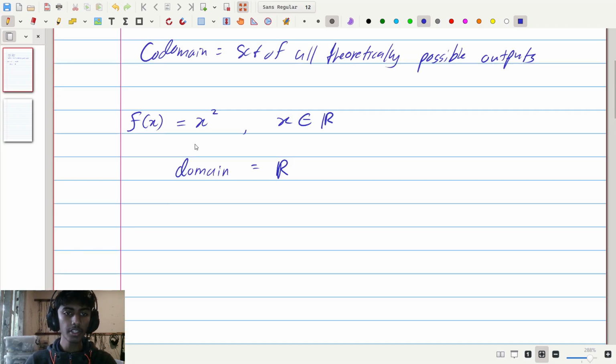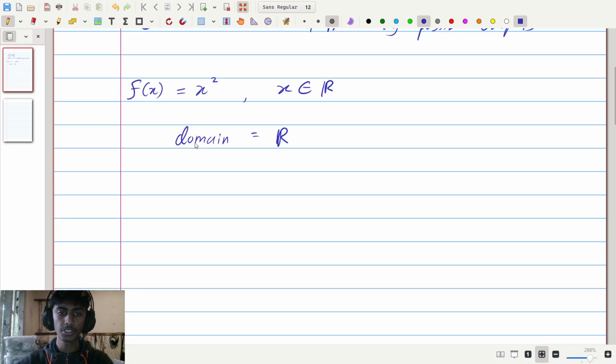Then, considering the possible outputs, a real number squared is going to stay within the real numbers. So the codomain, or the set that contains all the possible outputs that we could have produced, is also the real numbers, because a real number squared is still a real number.